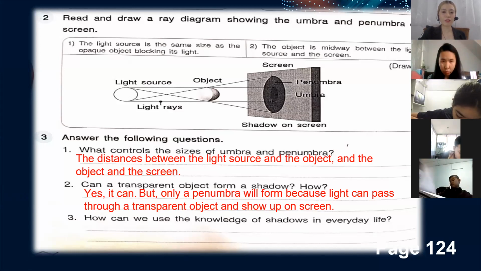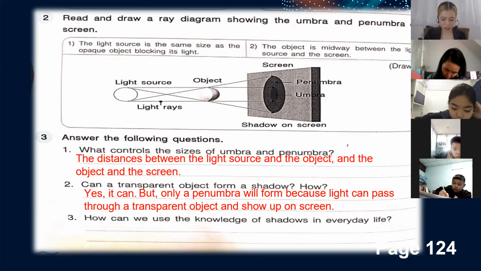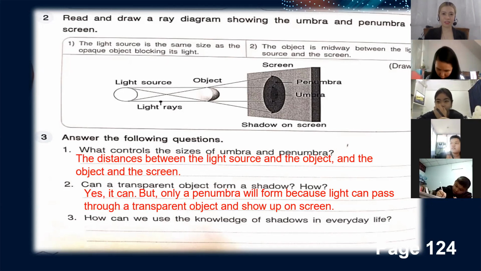And for number 3, how can we use the knowledge of shadows in everyday life? What are the uses of shadows in our human life? I have mentioned it earlier.